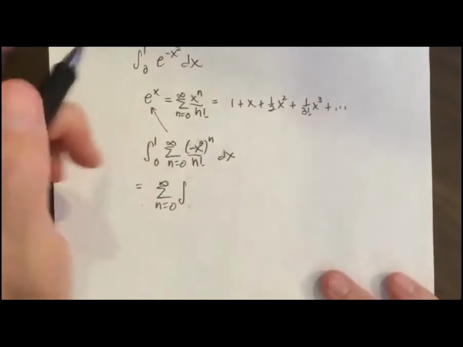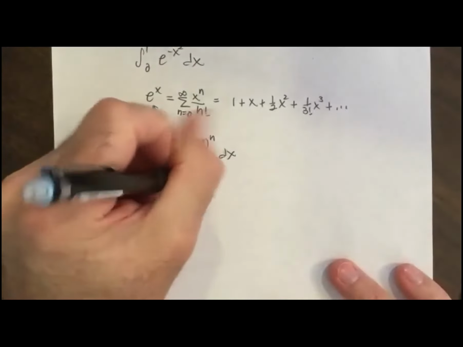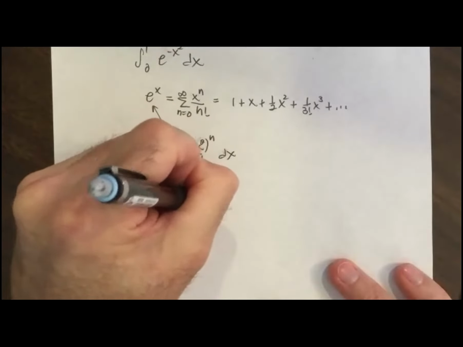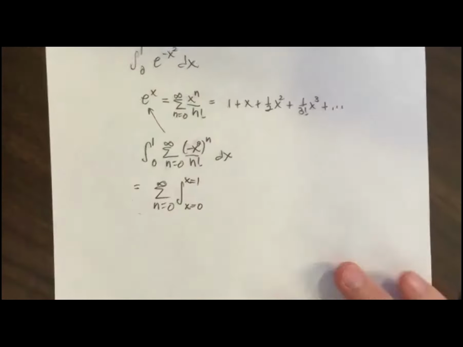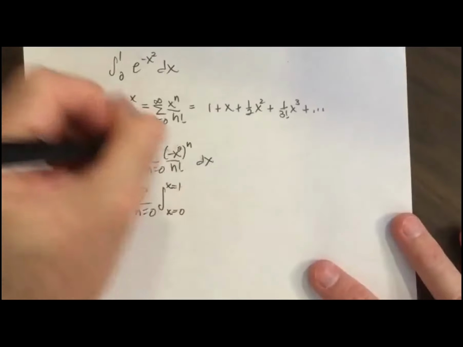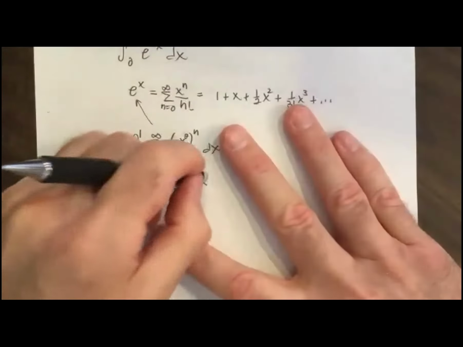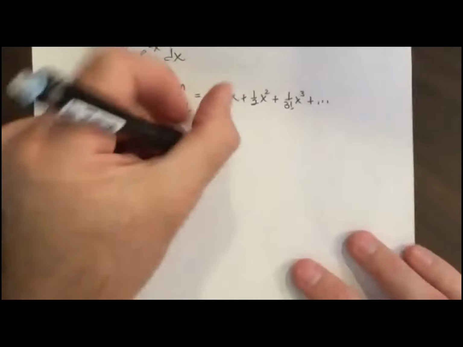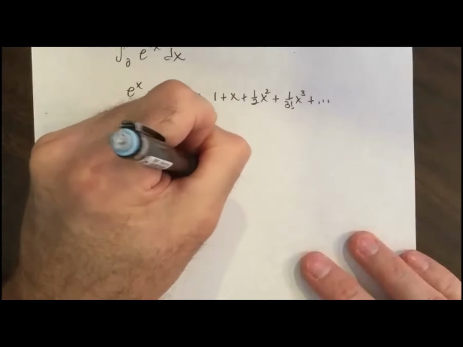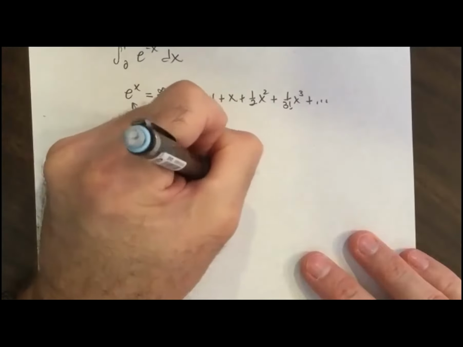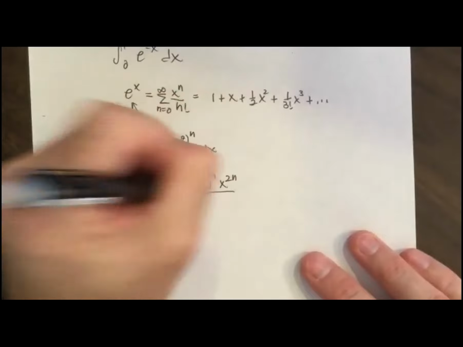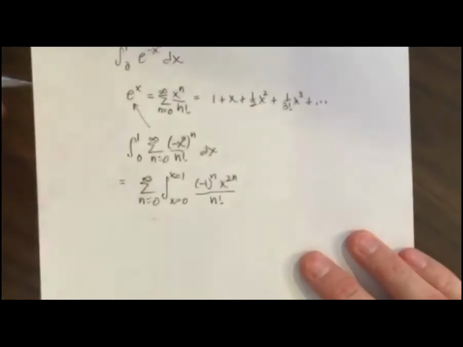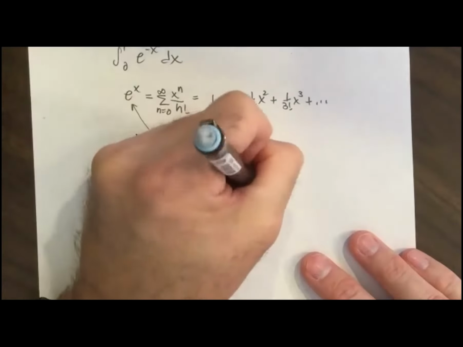What goes from 0 to 1? Your x value. x equals 0 to x equals 1. I'm going to clean this up a little bit. I'm going to write it as minus 1 to the n, x to the 2n over n factorial, dx.